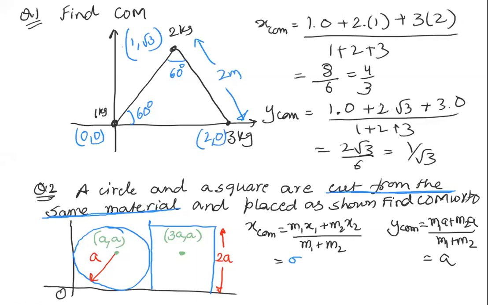So m1 will be surface density multiplied by the area, which is equal to pi a squared, into the x coordinate, which is a. Plus density into area into the x coordinate, divided by density into area, which is mass, plus density into area.